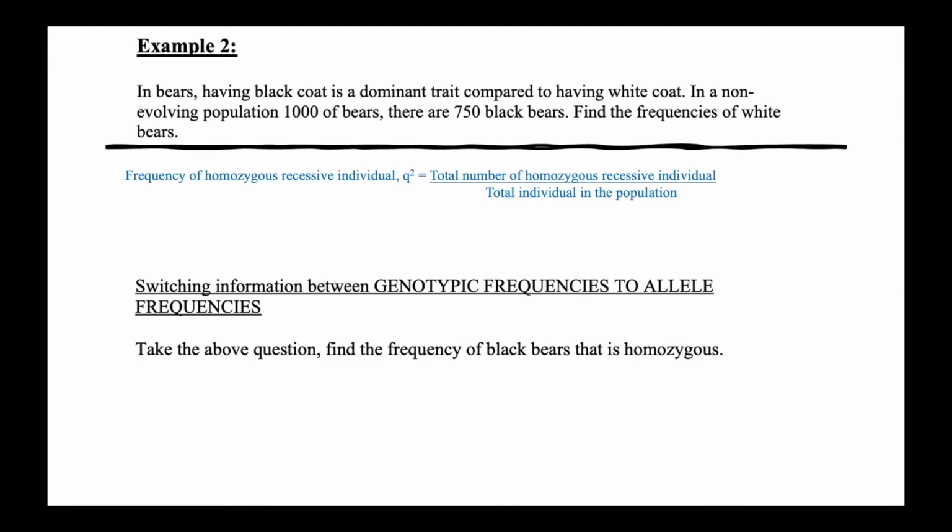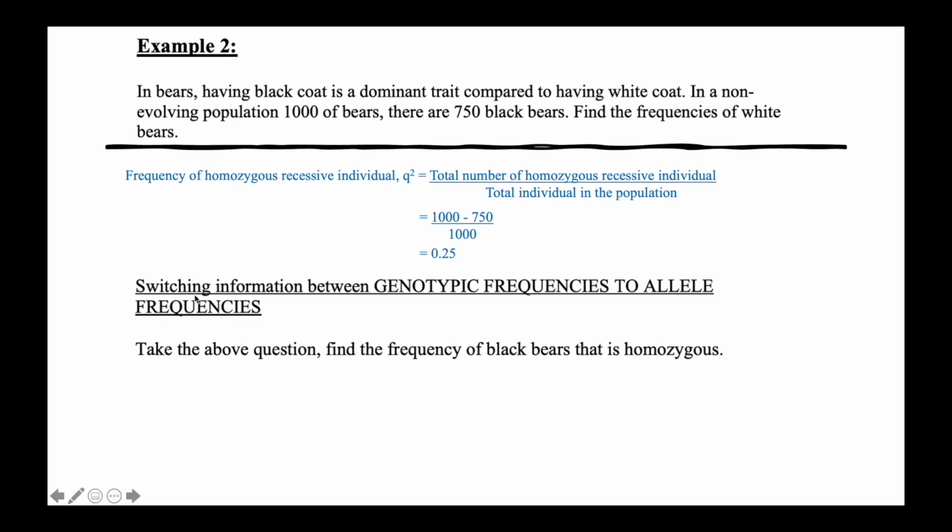So the frequency of homozygous recessive individuals is equal to the number of homozygous recessive individuals divided by the total number of individuals in the population. Since having a black coat is a dominant trait, and there are 750 bears with the dominant trait, there are 250 bears that are homozygous recessive, or in other words, having a white coat, giving the frequency as 0.25.